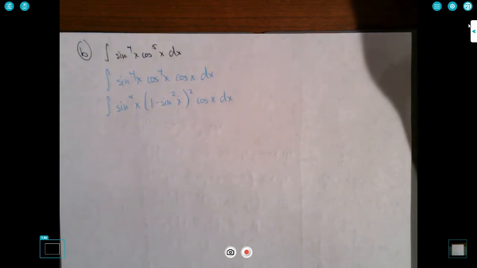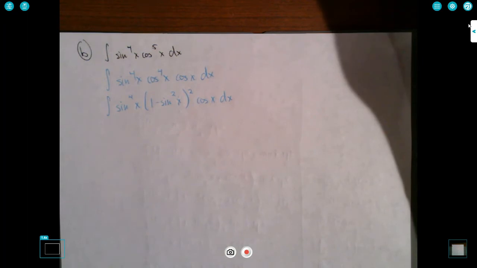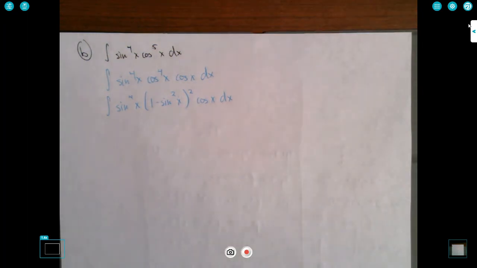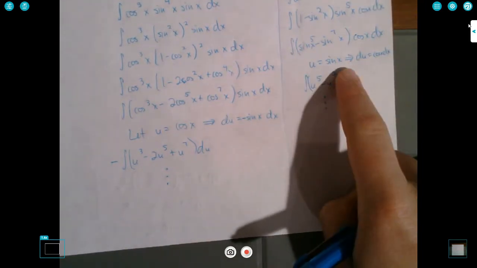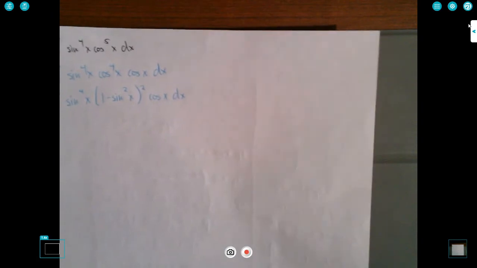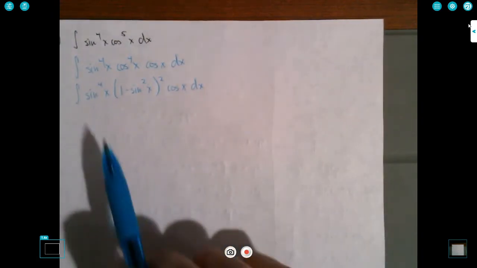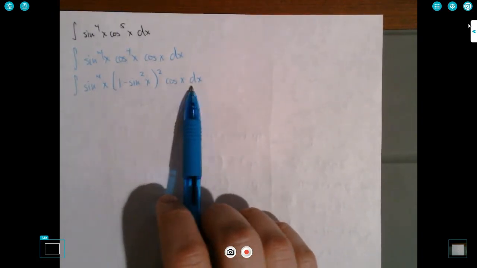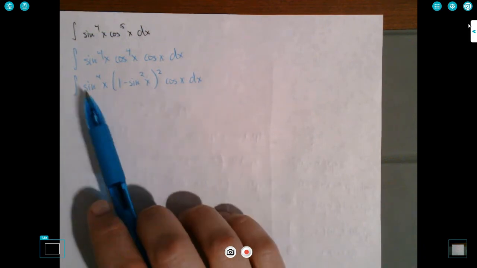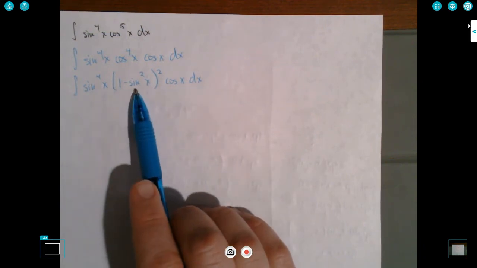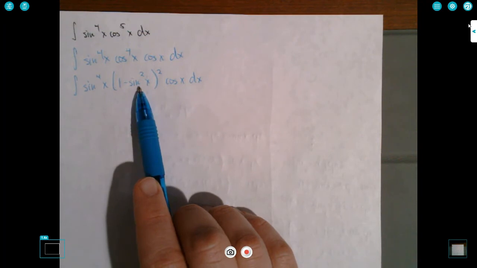And let me show you this. In the past, like on these past two problems, I waited to do the u substitution until I had done all the simplification. You don't have to wait. You could do the u substitution now. It's really clear. If you let u be sine x, then there's its derivative, right? And then this is going to be u to the fourth times 1 minus u squared squared.